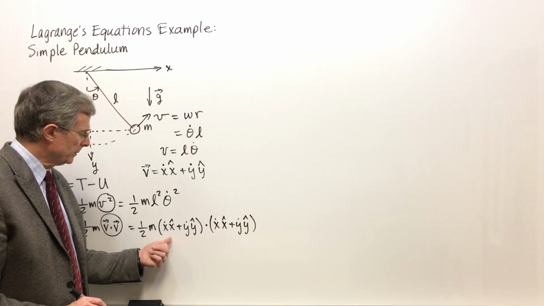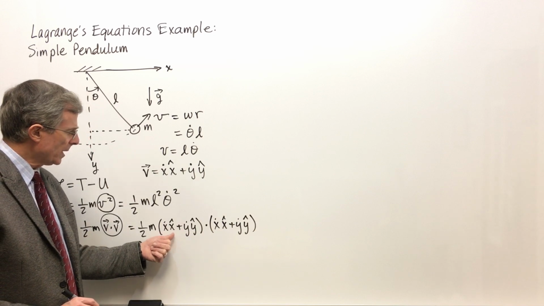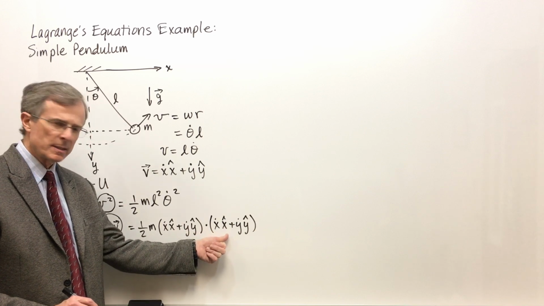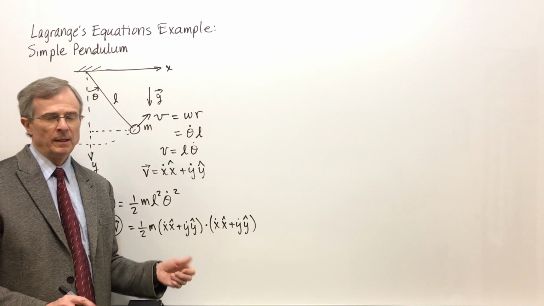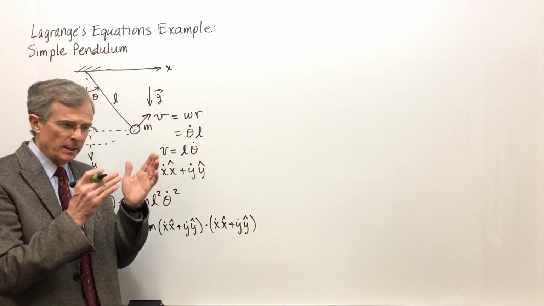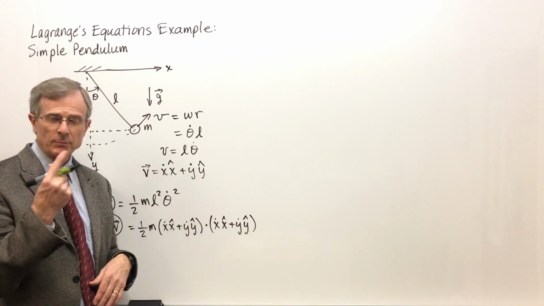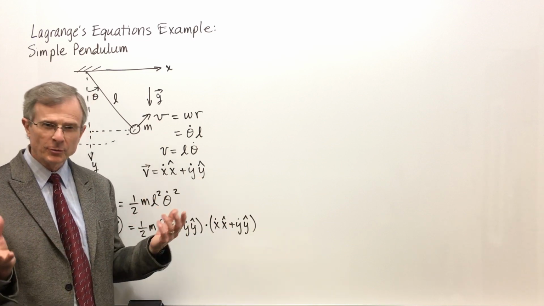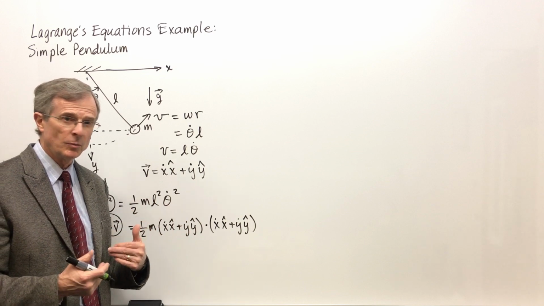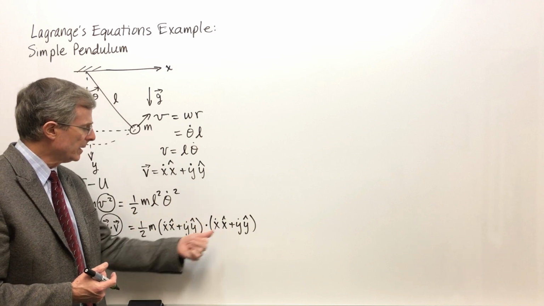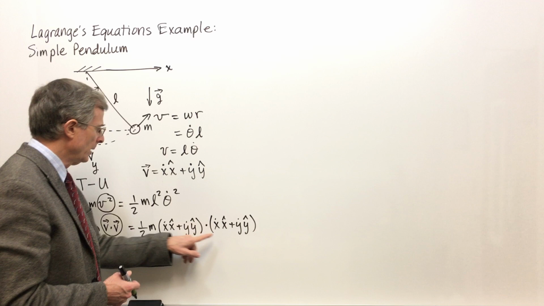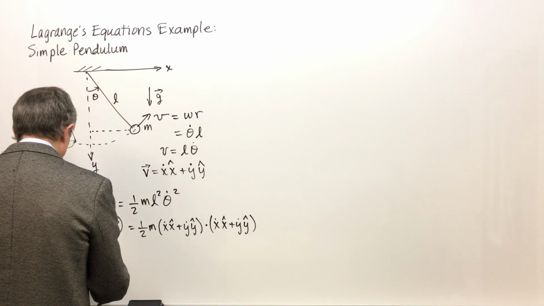X dot x hat dotted into x dot x hat. Well, what's x hat dot x hat? It's the magnitude of x hat, which is 1, times the magnitude of x hat, which is 1, times the cosine of the angle in between, which is 0, and the cosine of 0 is 1. So x hat dotted into x hat is just 1, and we just get this x dot squared term.